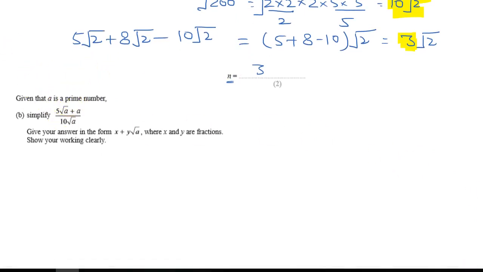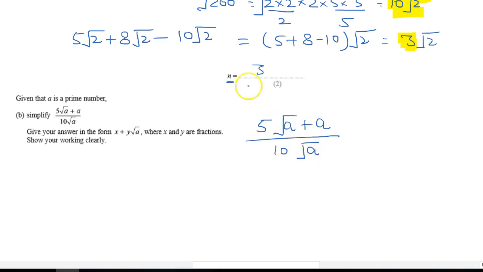Part B is 5 root a plus a over 10 root a. In such questions we have to write in this form x plus y root a.